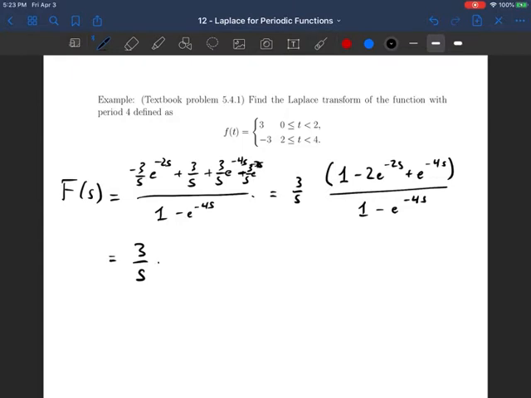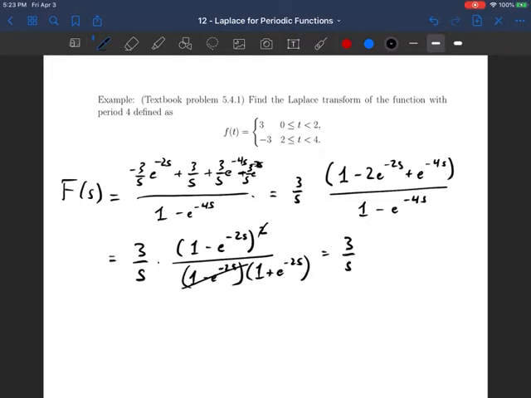And that's something that we can factor, both the top and the bottom here. And what we get is 3 over s times 1 minus e to the minus 2s squared on the top. And on the bottom, we get 1 minus e to the minus 2s times 1 plus e to the minus 2s.